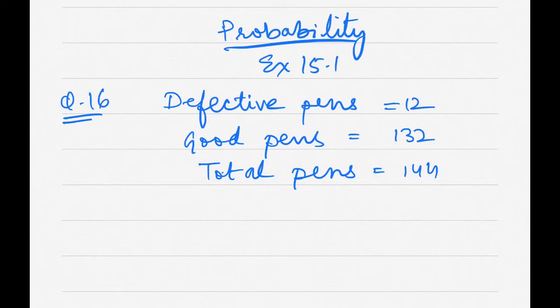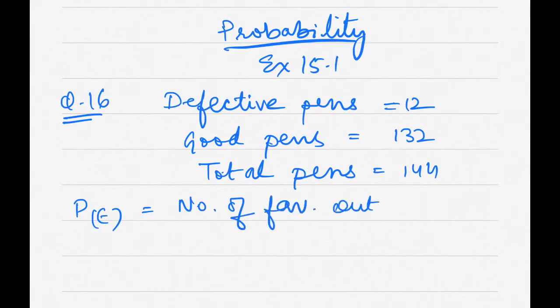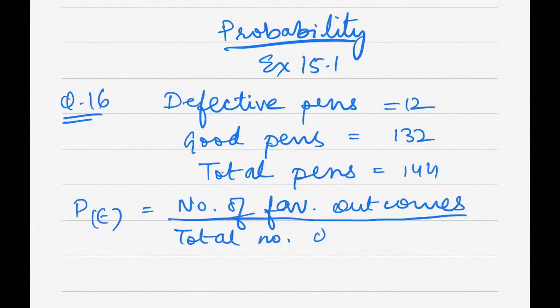So now what they are asking is to determine the probability. So first I'll write down my formula. Probability of an event is equal to the number of favorable outcomes by the total number of outcomes.